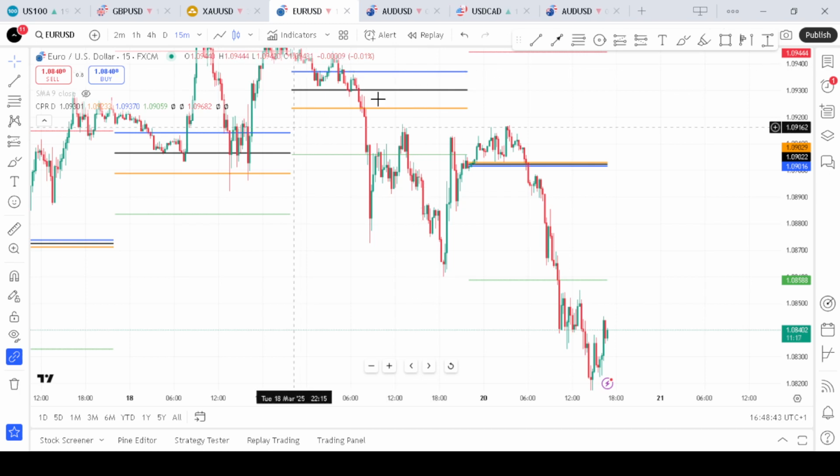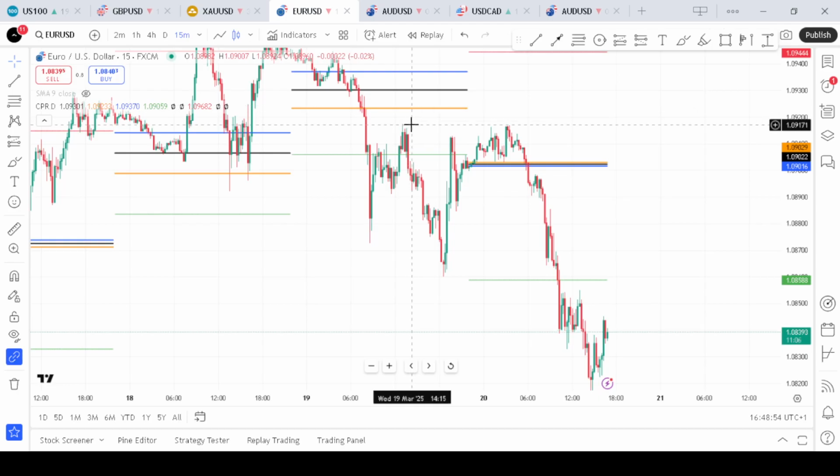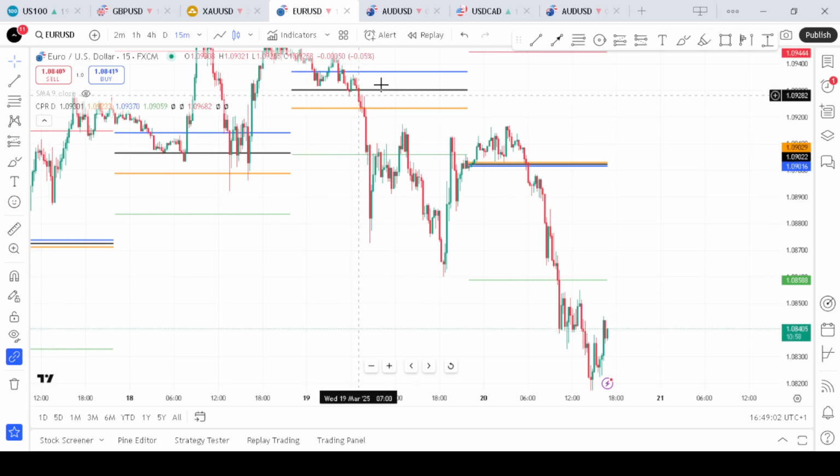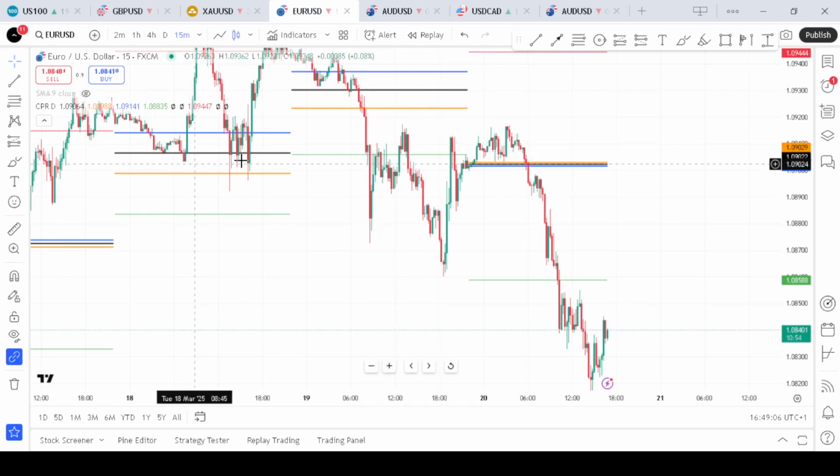But if price is below the bottom central pivot point, it signals bearish sentiment. And currently, we are below the bottom. Then, when price is within the CPR range, it suggests consolidation.